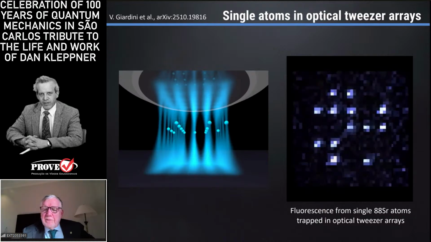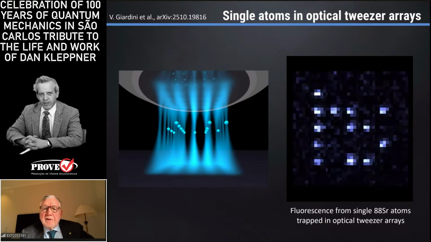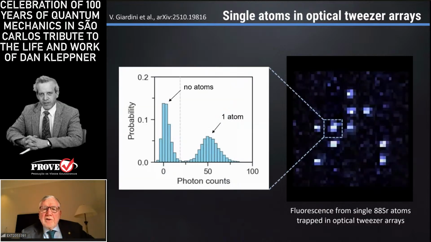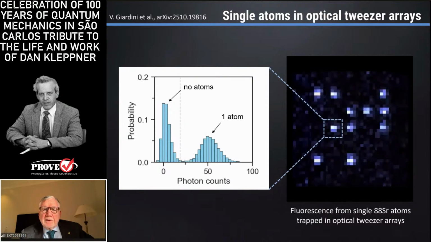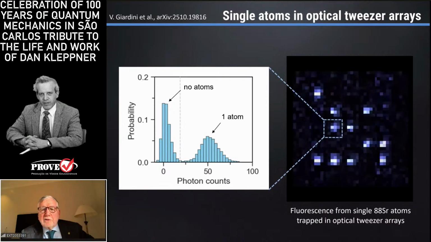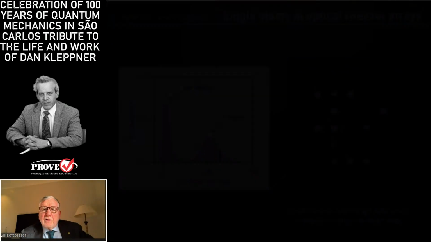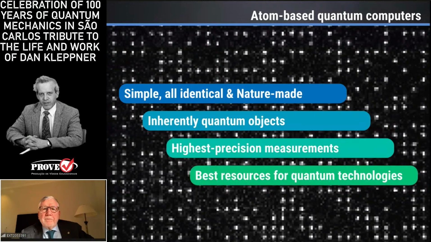So each one of them can be a bit, a quantum bit. And then you can control that there is either no atoms or one atom. And there is now a very good control of this situation.